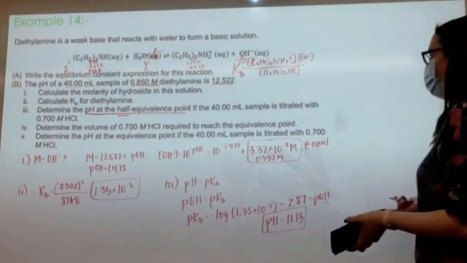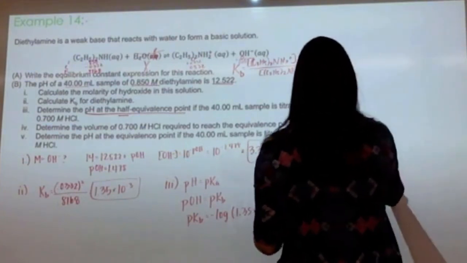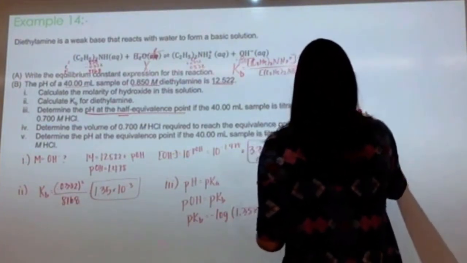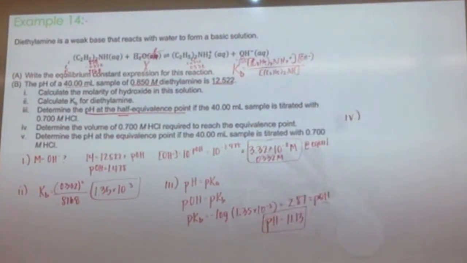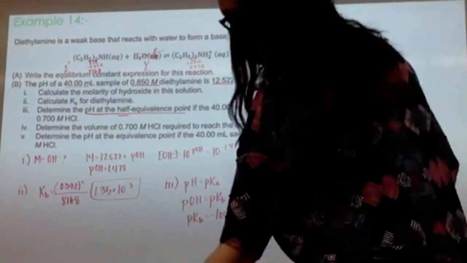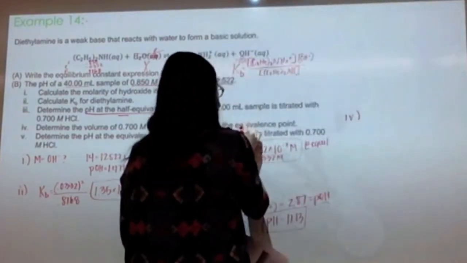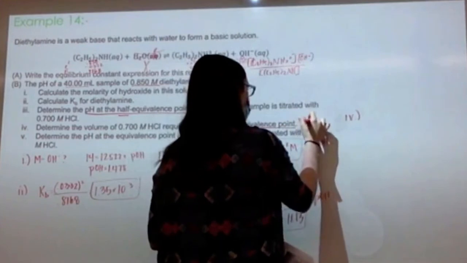And then part 4. I'm going to do part 5 on a different slide. Part 4, determine the volume of HCl required to reach the equivalence point. Volume is stoich.